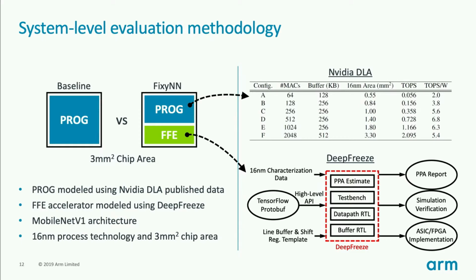This is not a fat model; it's a relatively efficient neural network. We compare this against the FixyNN architecture, which consists of two parts: the fixed front end, which we model using DeepFreeze, and the programmable part, which we model using NVIDIA DLA. We used 16 nanometer process technology, and we set the area constraint to be the same, 3 millimeters squared.